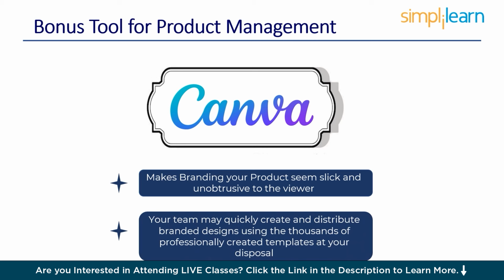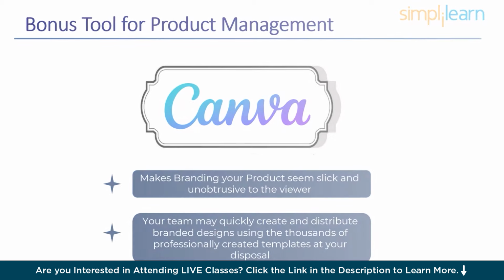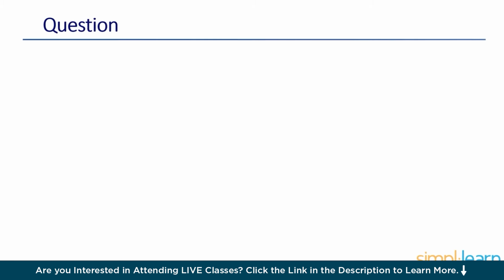Your team may quickly create and distribute branded designs using the thousands of professionally created templates at your disposal. Even if you have little to no experience with graphic design, Canva enables you to generate that content fast and effortlessly.